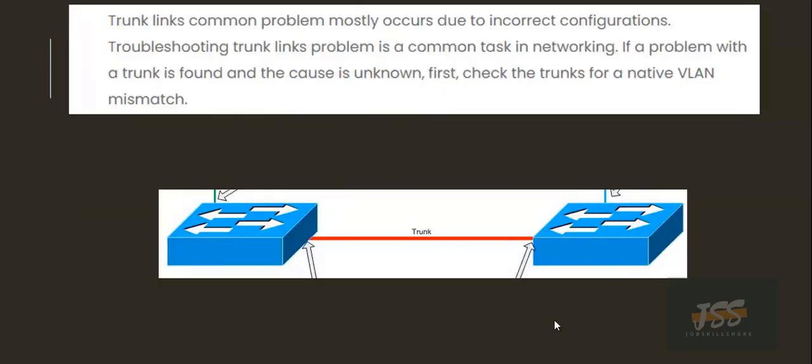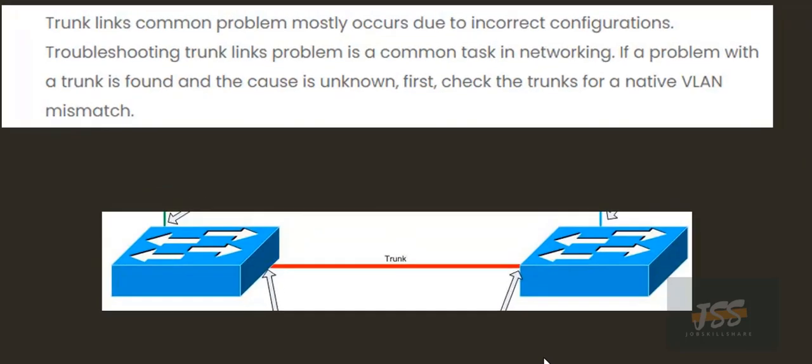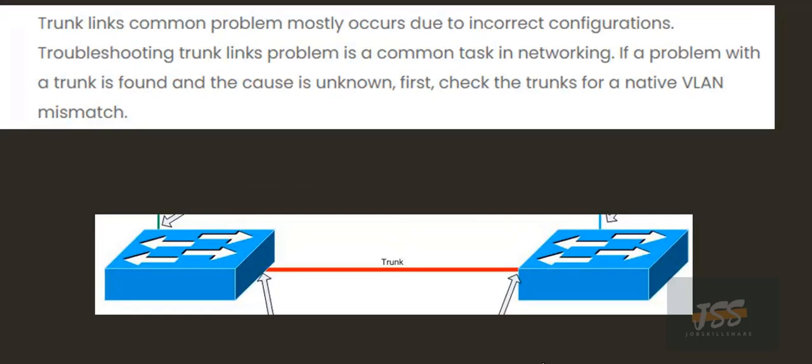So talking about switches, you know that a trunk link is formed between two switches. We very commonly find trunk link problems that occur due to incorrect configurations. You need to check the configuration before you make your switch live in the environment.